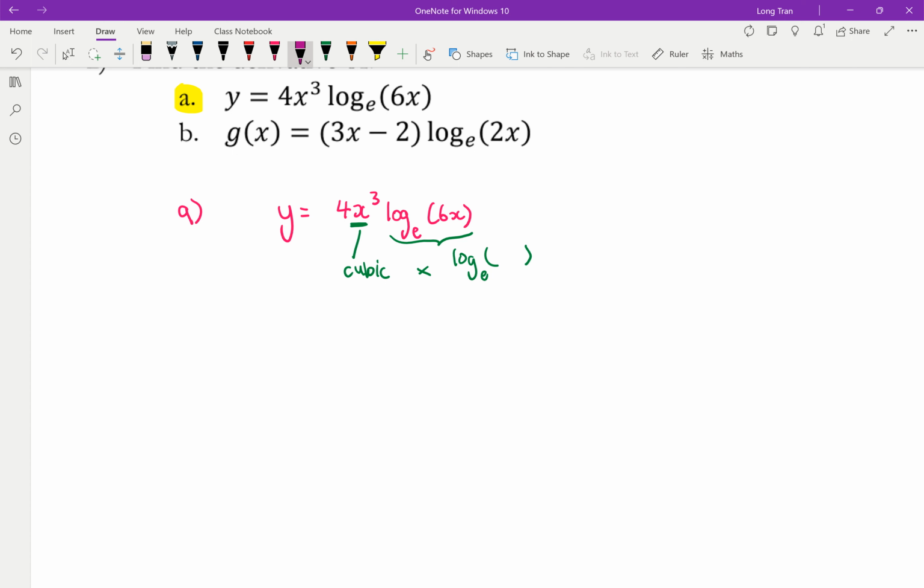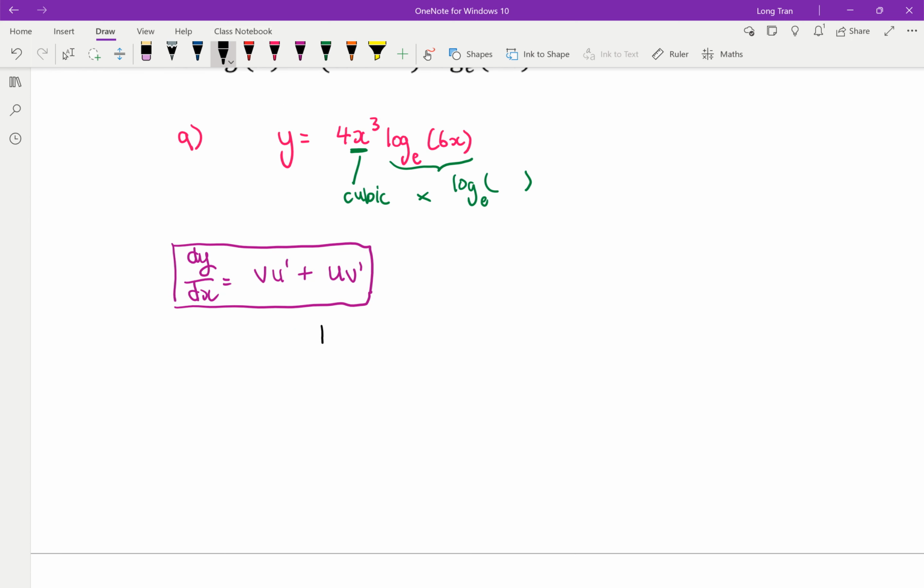So we know with product rule, on the side, the rule says dy/dx is the same thing as v u dash plus u v dash, right? We know this is the product rule, and so I'm going to first apply it by saying which one is my u and which one's my v.